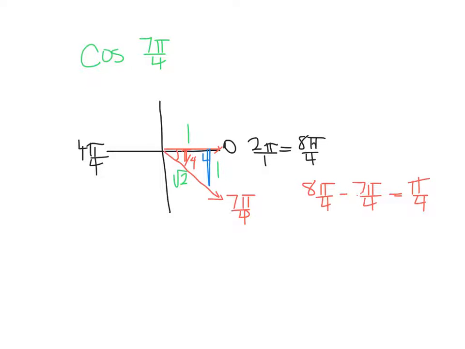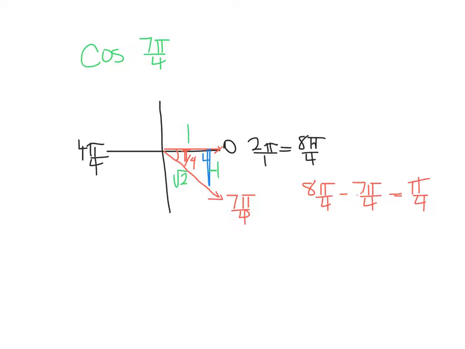But we should consider if any of our sides need to have a negative. Remember, the hypotenuse is always positive. And then you have to check. We went to the right, so this one gets to be positive, but then we went down, so this one right here needs to be negative.